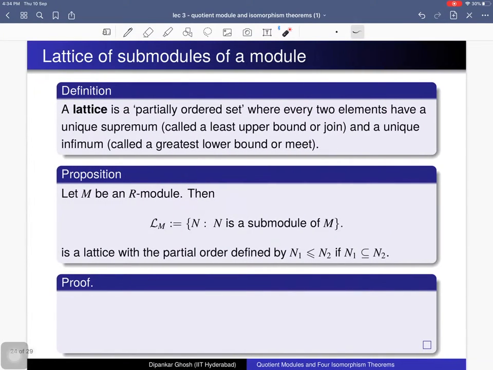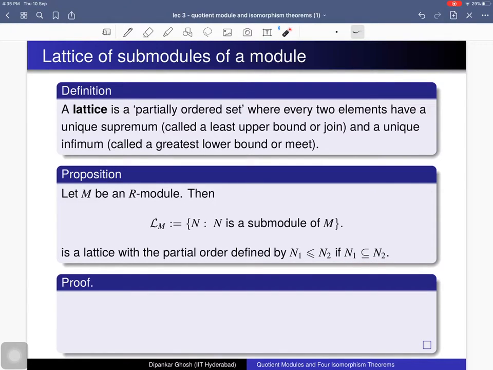For example, you consider an R-module M, and suppose L(M) is just the collection of all the submodules of M. I claim that this is a lattice with the partial order defined by this. Suppose N1 and N2 are submodules of M, then N1 is less than or equal to N2, you define this partial order if N1 is contained in N2.